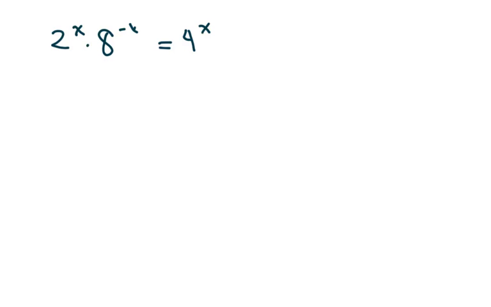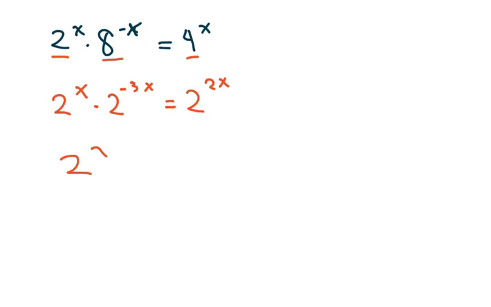Now what I want to do first is have the same bases. So I'm going to change all these to the same base. So it's 2 to the x times 2 cubed to the negative x, so you multiply, that's going to be negative 3x, equals 2 squared to the x, and you multiply that. Now I'm going to write this as 2 to the x minus 3x equals 2 to the 2x.